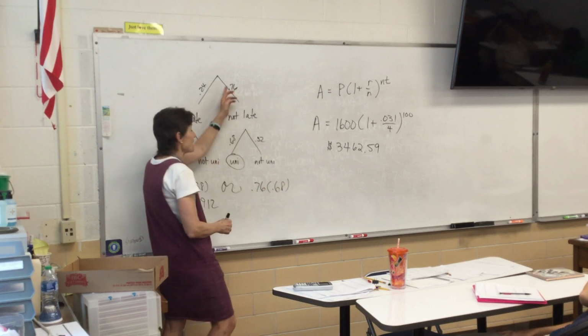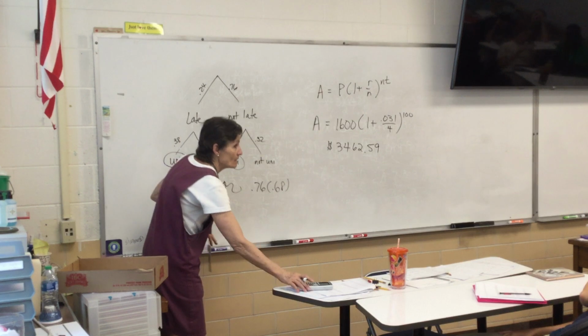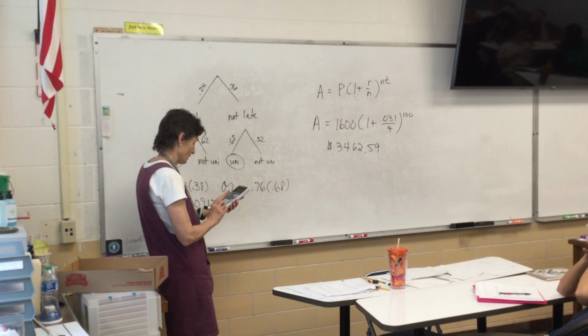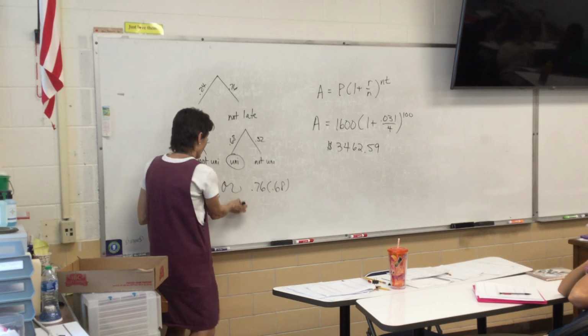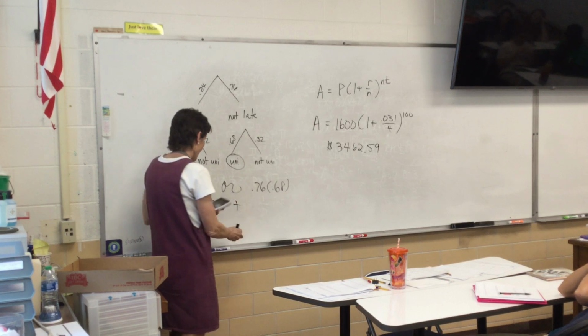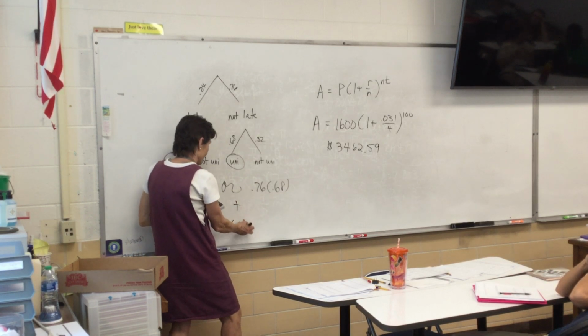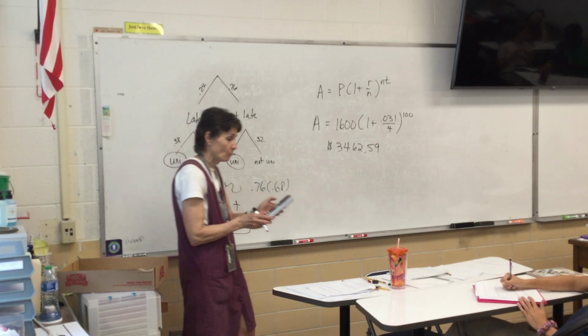So I'm going to do the same kind of arithmetic on that piece of it. So the total probability would be that plus this, because this is an or, so I'm going to add. And I got 0.608 as my total probability of being in uniform.